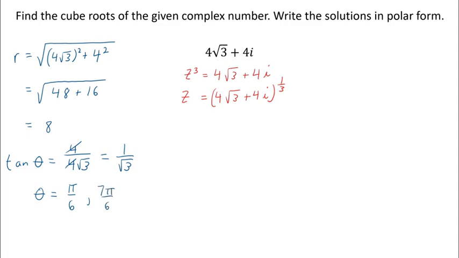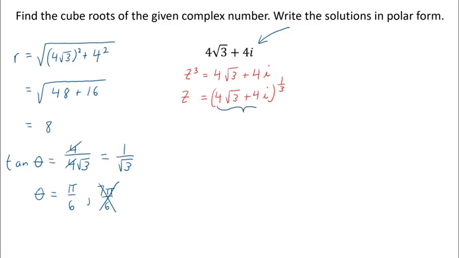But now we have to make a determination of which one of these we can use. To make that determination, we come back over here to our original complex number. A positive a and a positive b lands us in the first quadrant, which means that we have to use pi over 6, not 7 pi over 6.